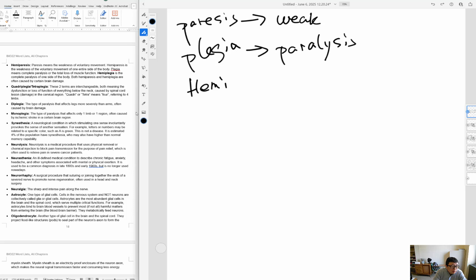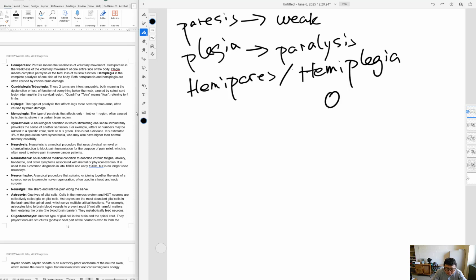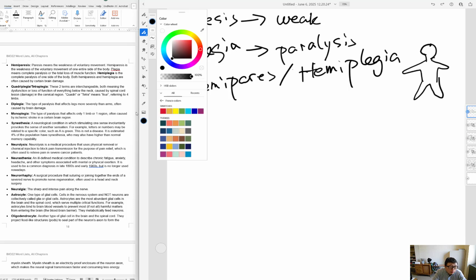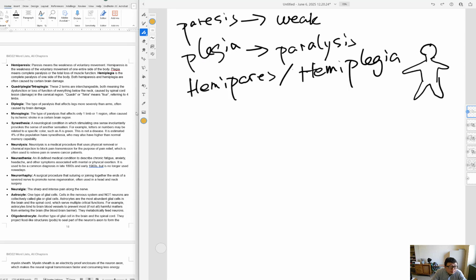So hemiparesis or hemiplegia means half of the body cannot move or has weakness, normally one side of the body.